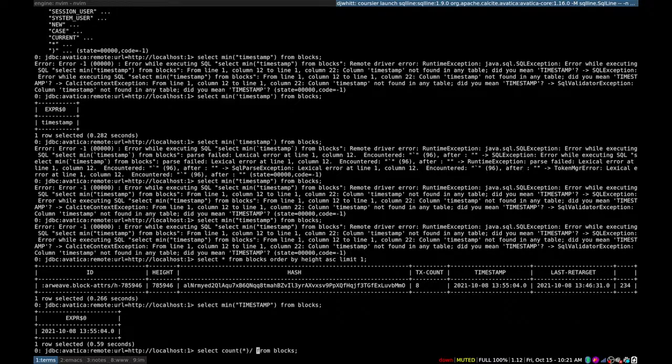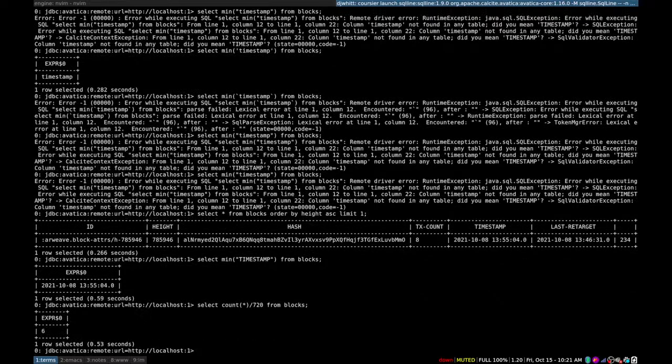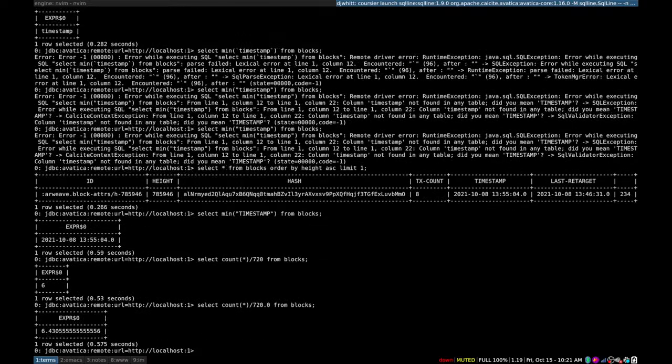What I'm curious about is... what if I do this as a fraction? Yeah, there we go. In order for that to be right, I think the block rate would have to be significantly lower than I'm expecting right now. So I'm guessing it's not quite right and that there are some gaps in there. That's fine. That doesn't really matter for what we're doing.